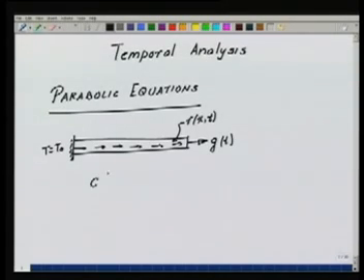some constant times del T, the change in temperature with respect to time. This is essentially the buildup of the internal heat with time. This will be equal to the amount which is produced by the source minus the amount which is fluxing out.